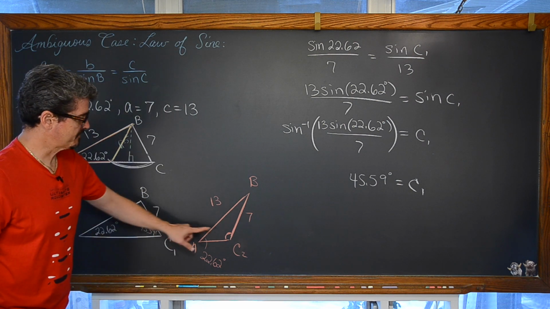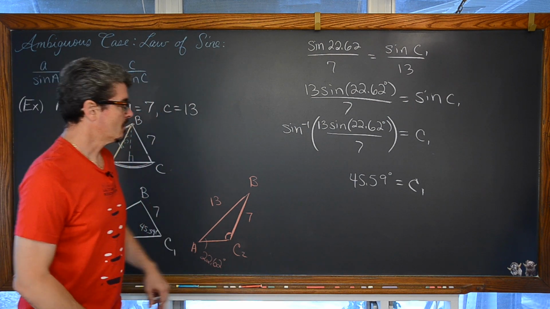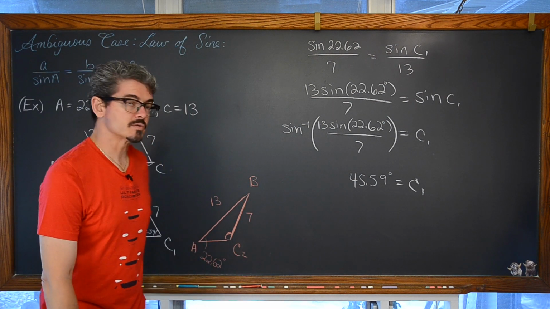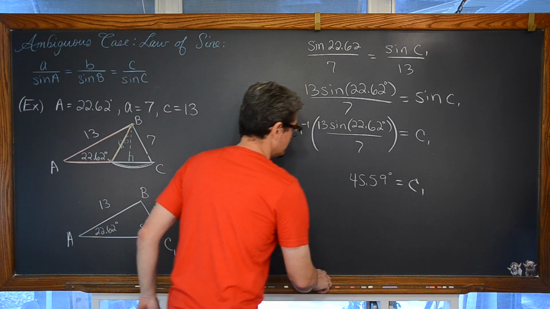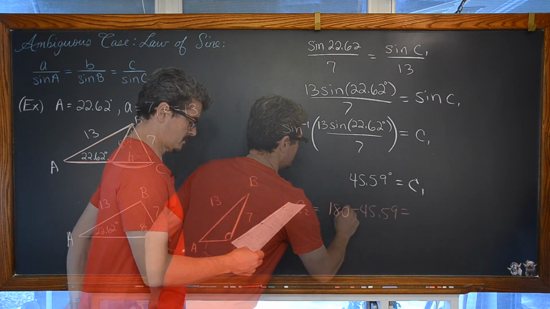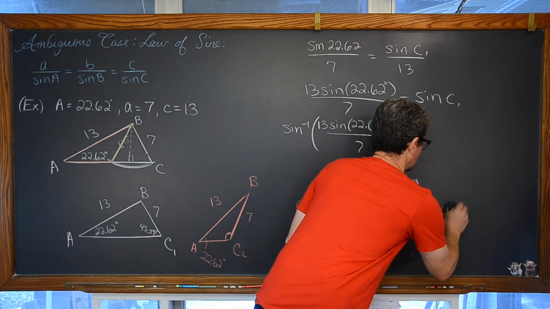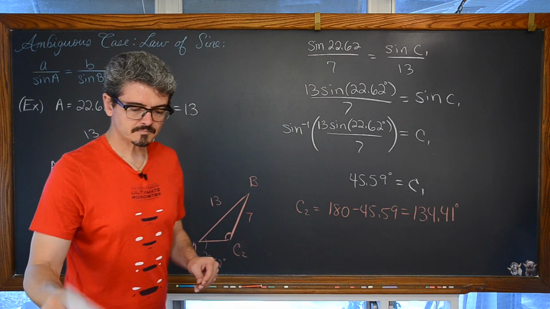We're going to find angle B by just simply taking these two angles away from 180 and then finish that up. But first let's talk about the second triangle. Is there a second triangle? We're going to take this measurement and subtract it from 180 degrees. This is going to be the possible C sub 2, 134.41 degrees.